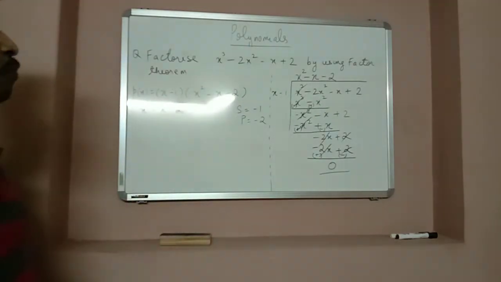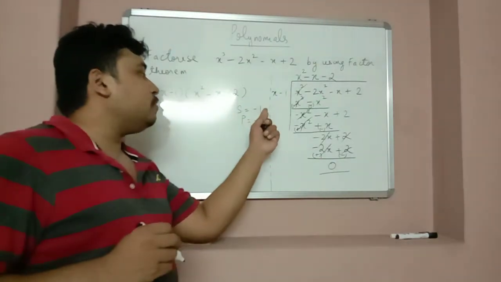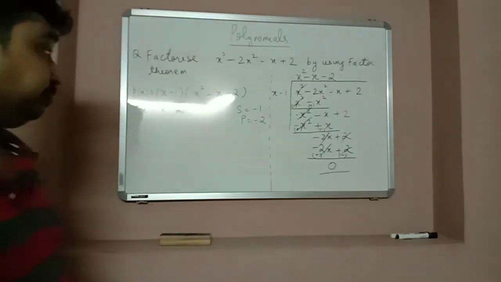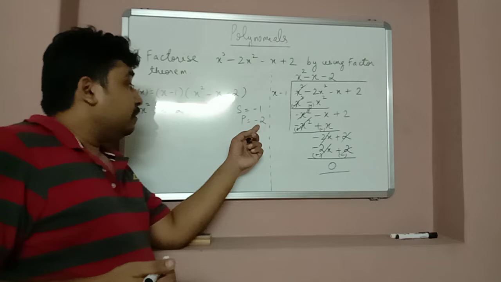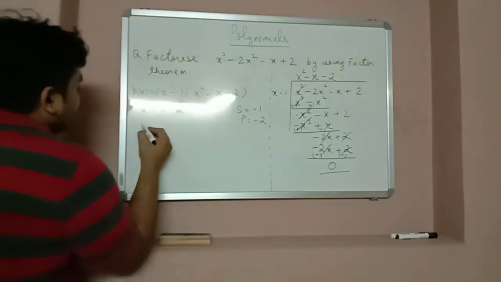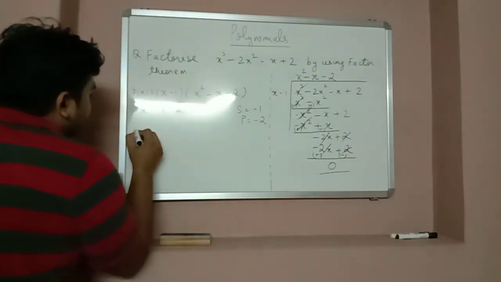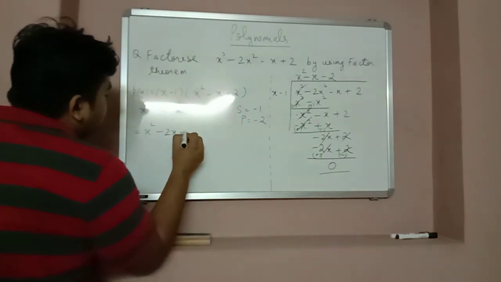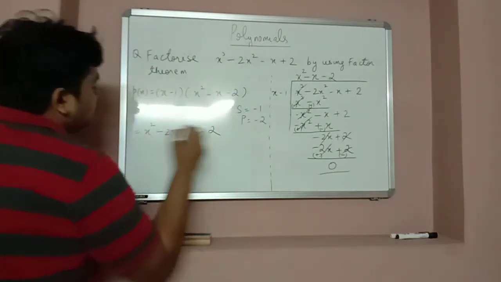Now we have to think of two numbers whose sum is minus 1 and product is minus 2. The numbers are minus 2 and plus 1. So I can say that this is equal to x square minus 2x plus x minus 2.